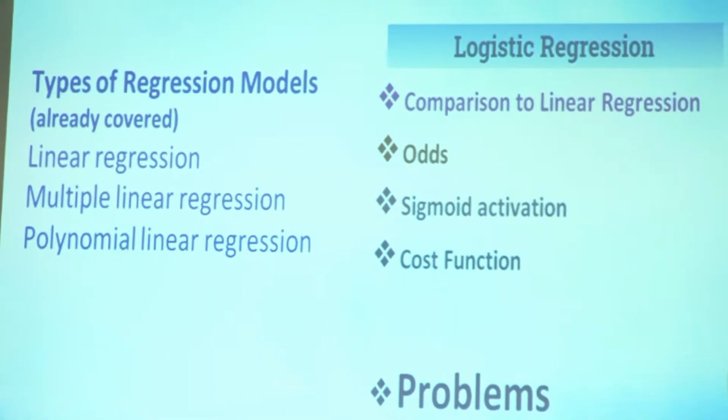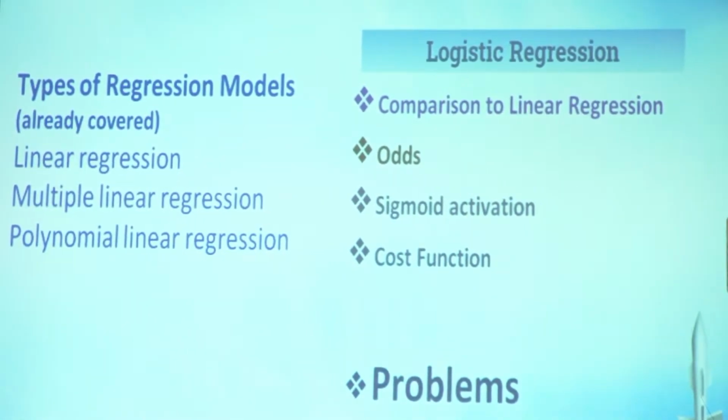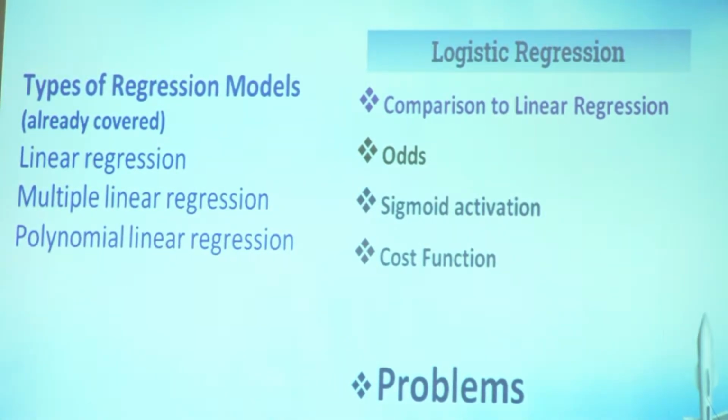Now, we are not going to see what regression is, but we are comparing linear regression with logistic regression. When we have multiple things, multiplications, normally we need to have logistic regression as a single layer.